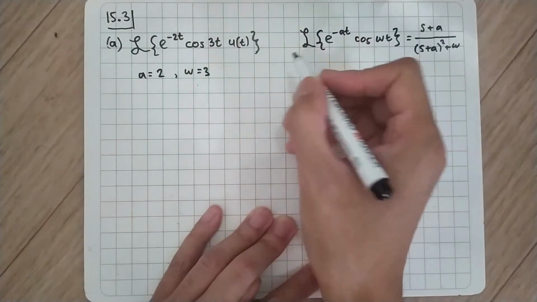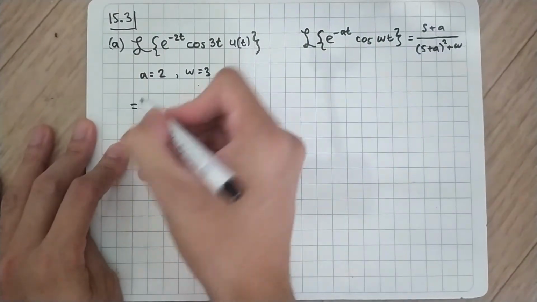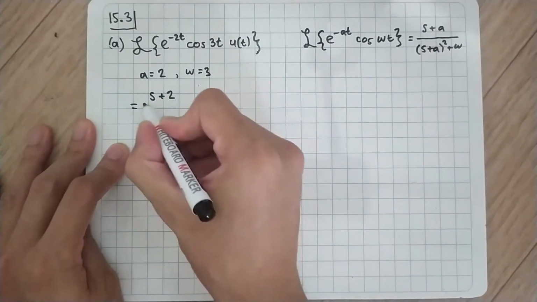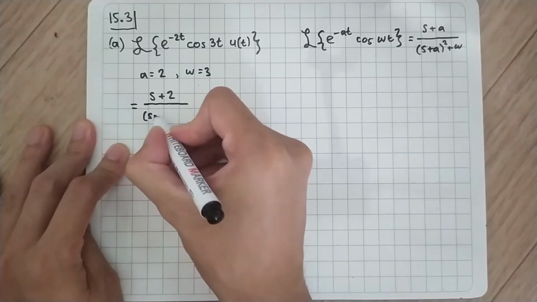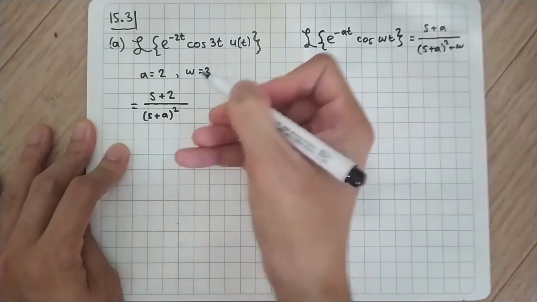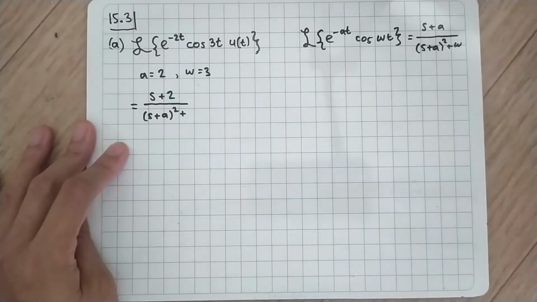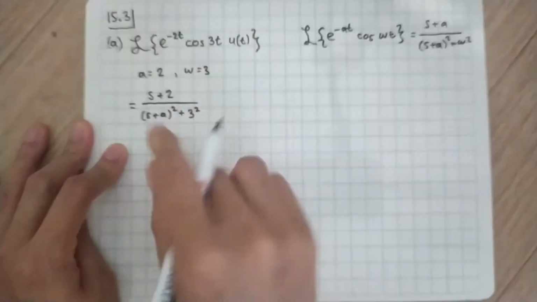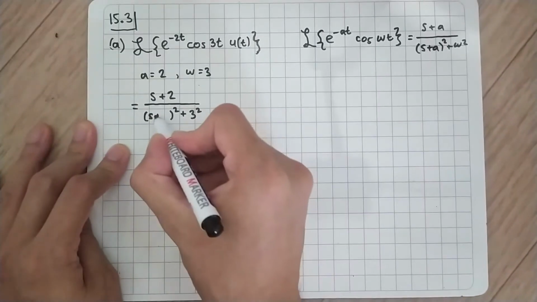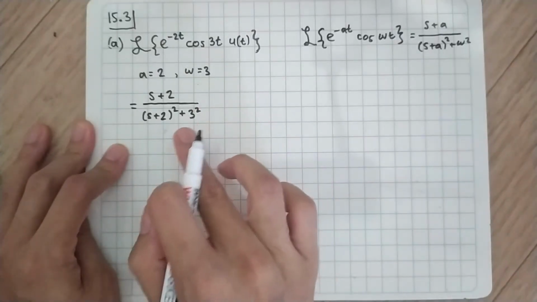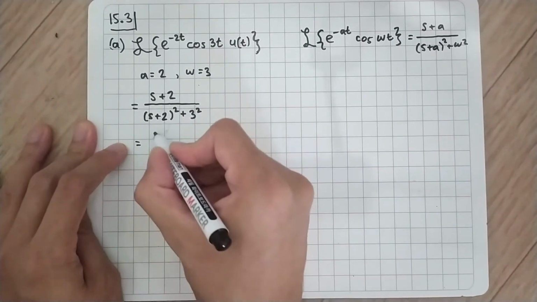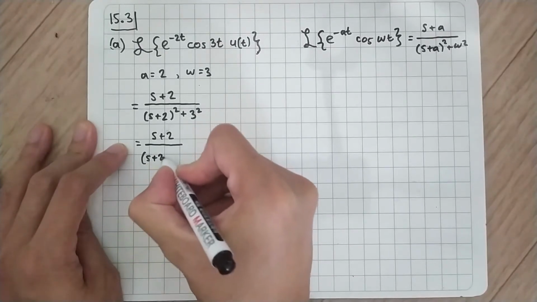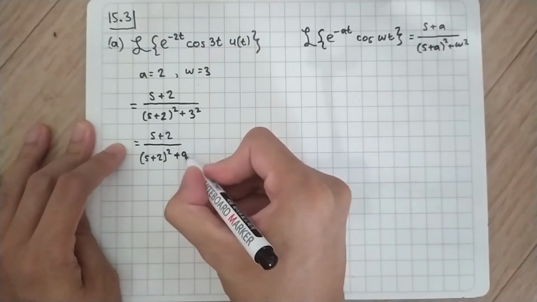So the Laplace transform of this will equal s plus 2 over the quantity of s plus a squared plus, oh sorry, this is omega squared, so we will have 3 squared, and a is 2, or we can square this 3, so we will have s plus 2 divided by s plus 2 squared plus 9.